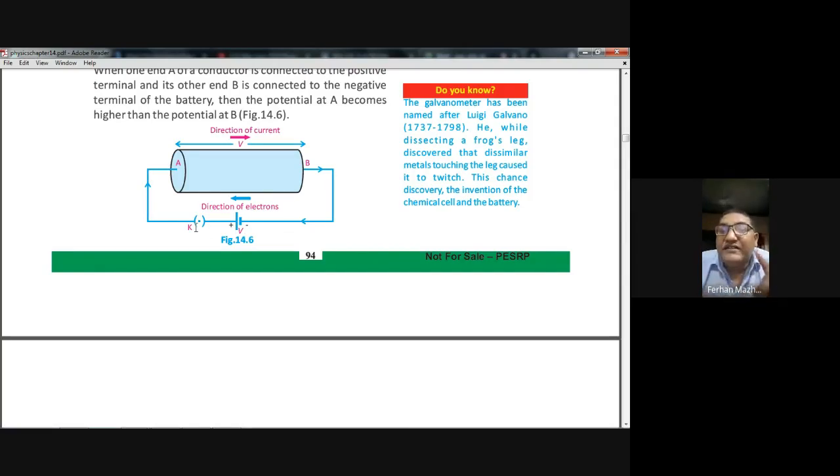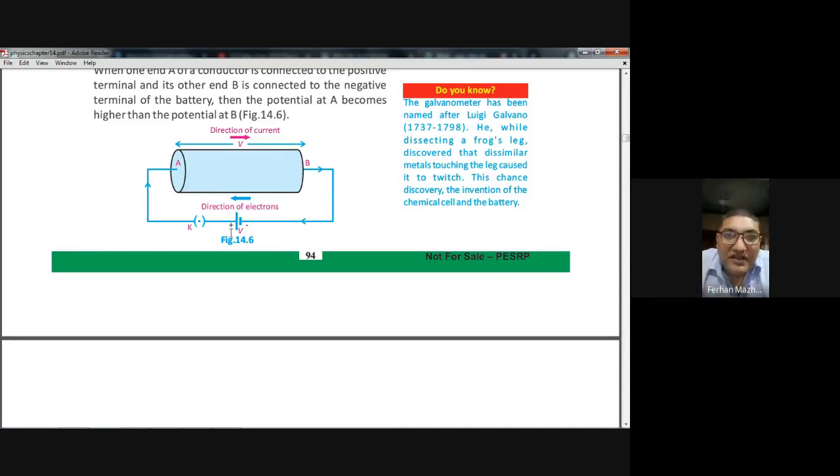If I refine my words, the amount of current which comes out of this positive terminal, the same amount of current goes back to the battery. It's a very, very, very important idea.